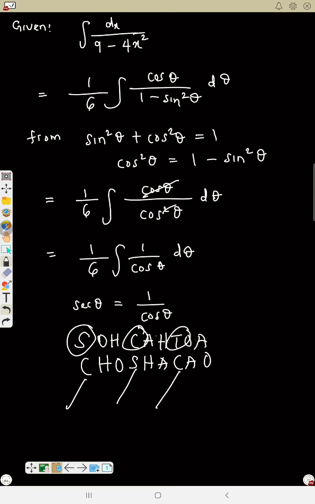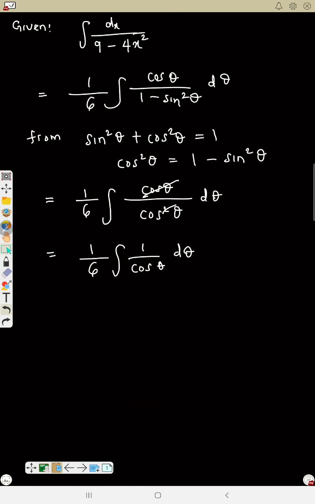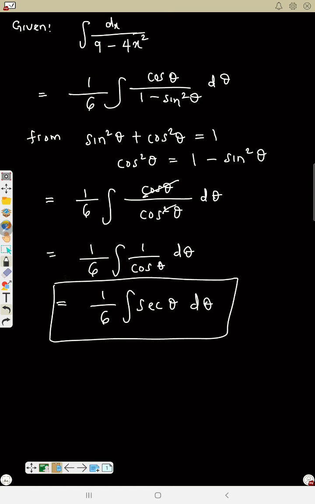So that means sec theta is 1 over cos theta, and we are using that identity. So this becomes 1 over 6 integral of sec theta d theta. We have simplified the integral to this form.